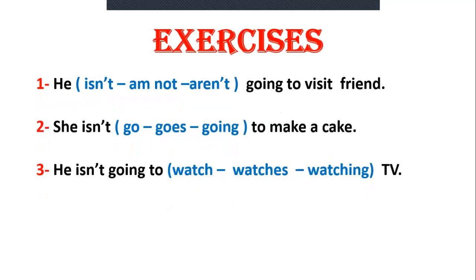Exercise number 3: He isn't going to what? He isn't going to watch, he isn't going to watches, he isn't going to watching TV. Okay, my students, after going to, we use what? Great, excellent. After going to, we use a verb in infinitive. Where is the verb in infinitive here? Watch or watches or watching.